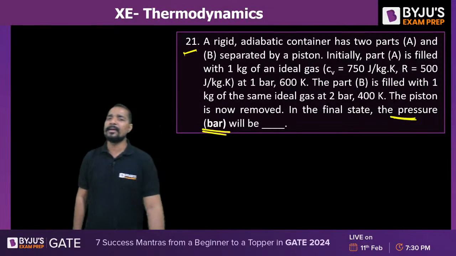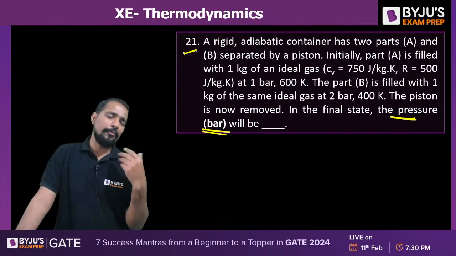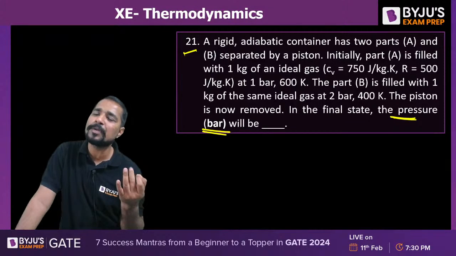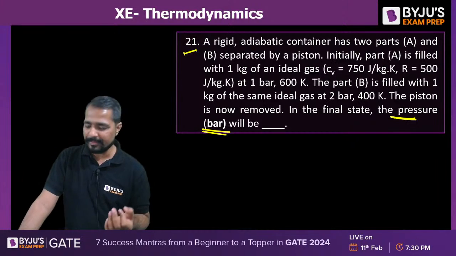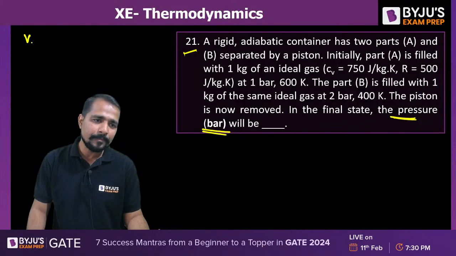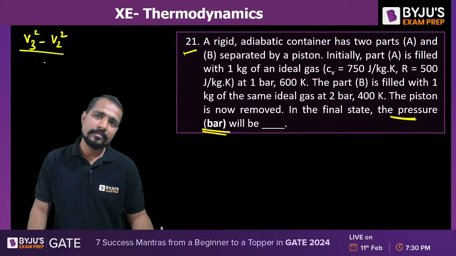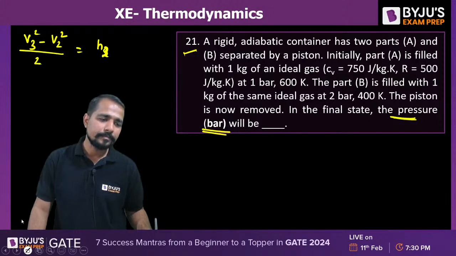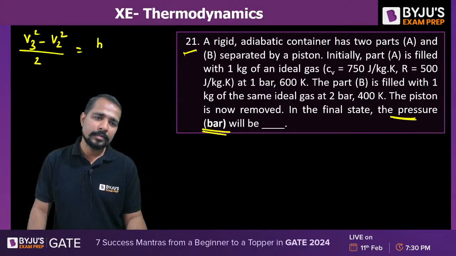Sir, we know very well now that if we apply the SFE, neglecting the heat transfer, work transfer and potential energy, then my dear, we can easily write in this case that V3 square minus V2 square divided by 2 will be equal to H2 minus H3.